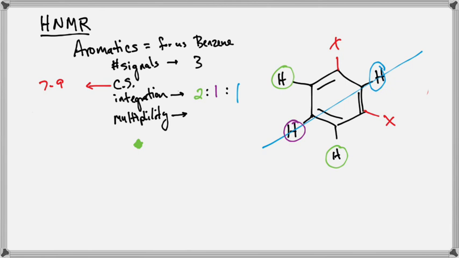It has 1 neighbor, which means 2 peaks. What does the purple see? 2 neighbors, which means 3 peaks. What does our blue see? 0 neighbors, which means 1 peak. Starting to recognize the patterns that can build out of this?